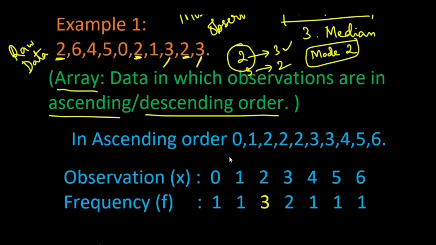We can easily identify that 2 is occurring 3 times. So mode is 2. This is most frequent here.